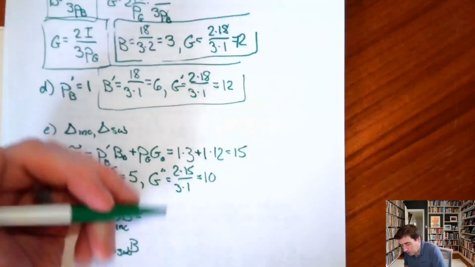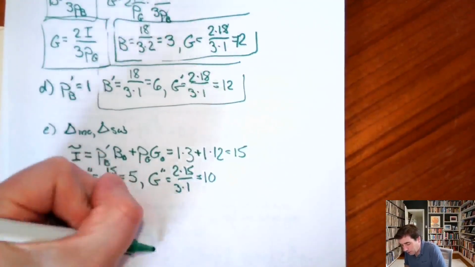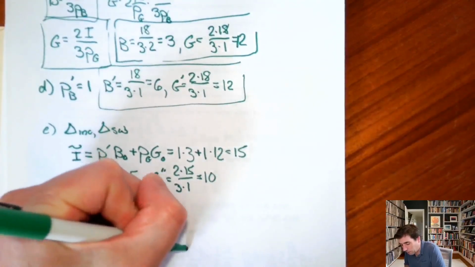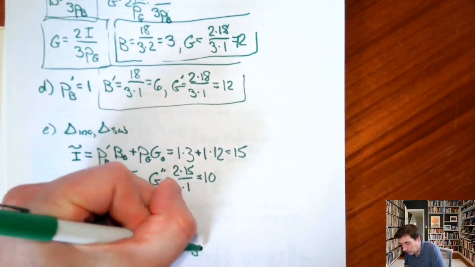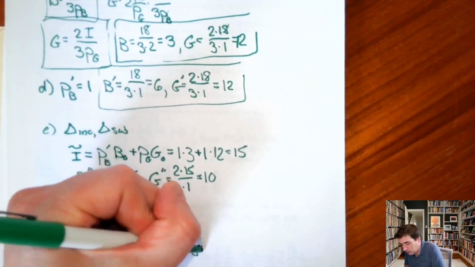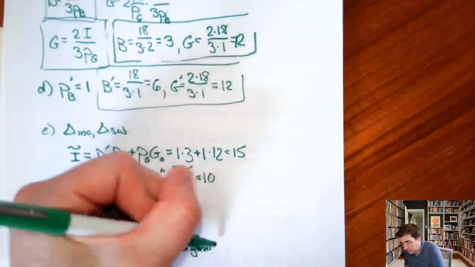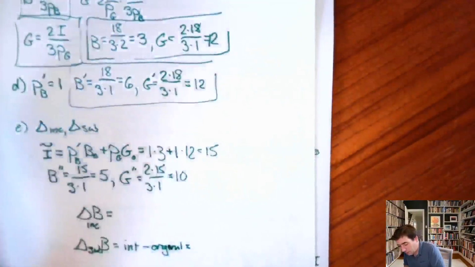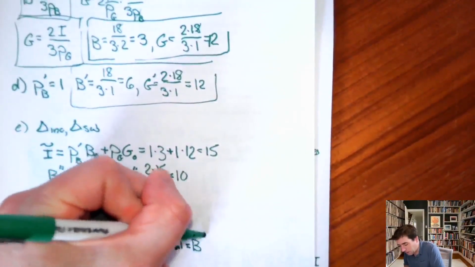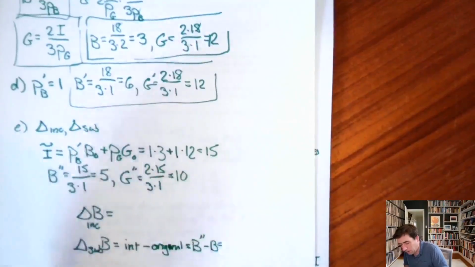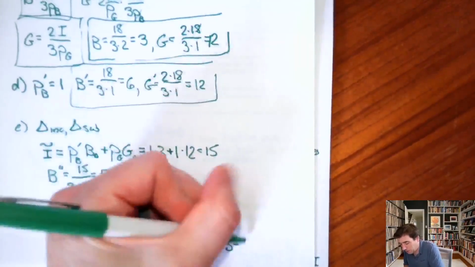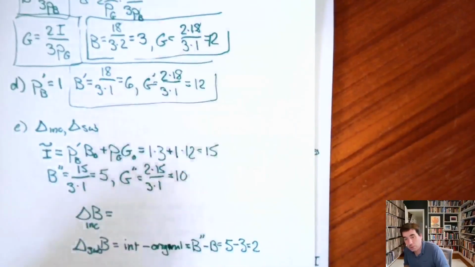For the substitution effect, that is going from our original bundle to our intermediate bundle. So we're going to do intermediate minus original, that's our B double prime minus our original B. So that was 5 minus our original of 3, that's 2.